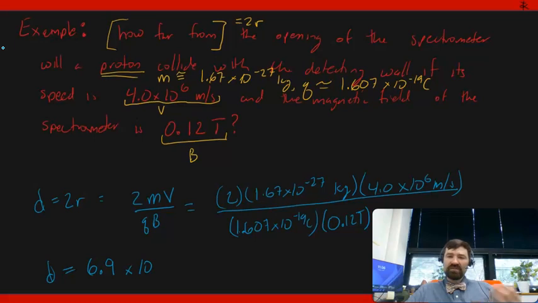So 1 minus 27 gives me negative 26, plus 6 gives me negative 20, minus 19, divided by minus 19 gives me negative 1. So this is the distance in meters. So we're looking at about 69 centimeters. That's where this proton should be colliding with the wall of the chamber under these conditions.